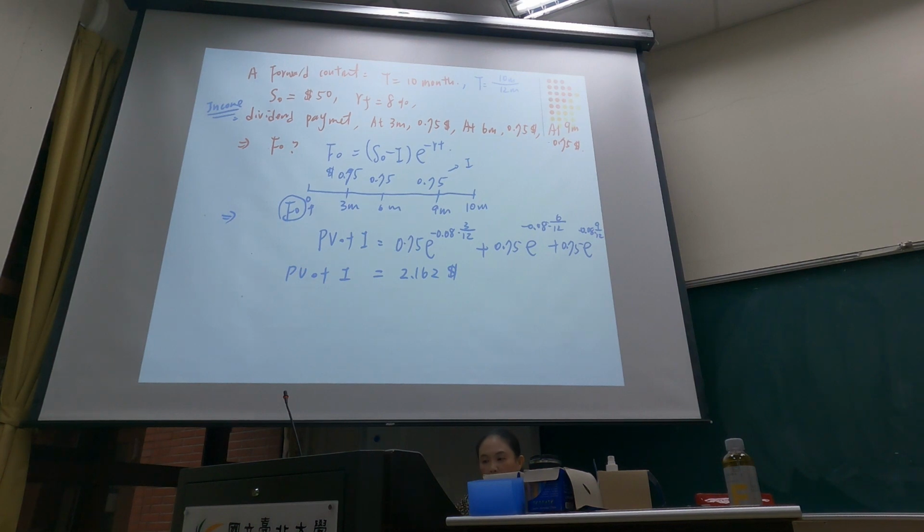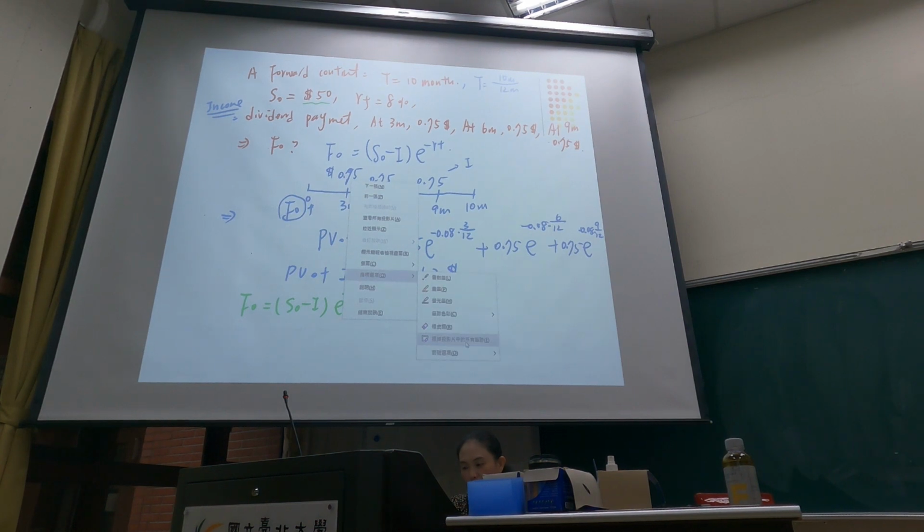PV of I is the one that you have to insert into your formula. So F0 equals S0 minus I, times e^(RT). S0 here is $50 according to the question, minus I, which is 2.162, and then multiplied by e^(RT).